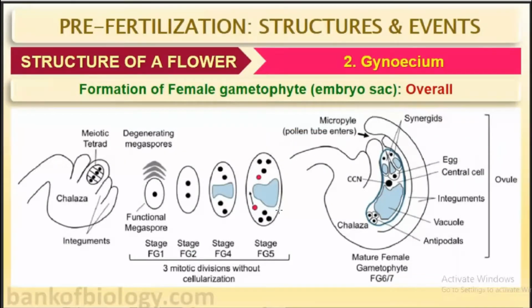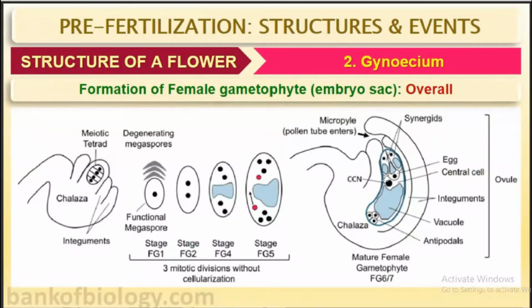That is why it is known as monosporic embryo sac development. Then first mitotic division, 2 nuclei. Second mitotic division, 4 nuclei. Third mitotic division, 8 nuclei. One from each pole comes to the center, which is known as the polar nuclei.